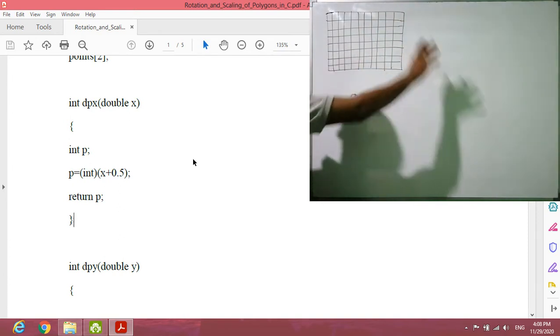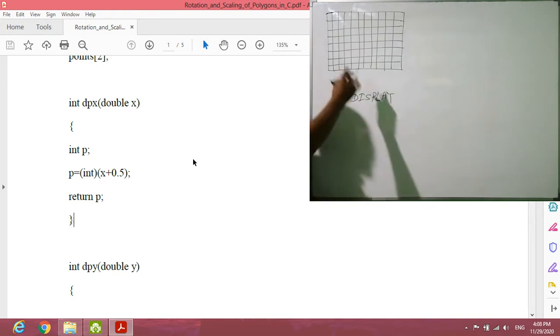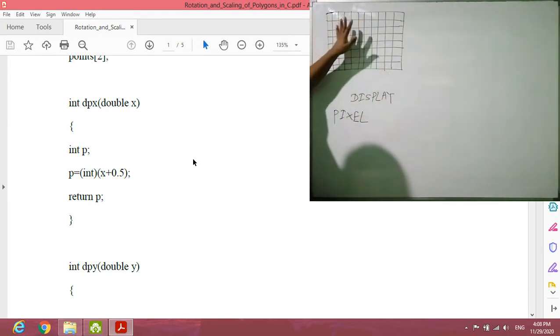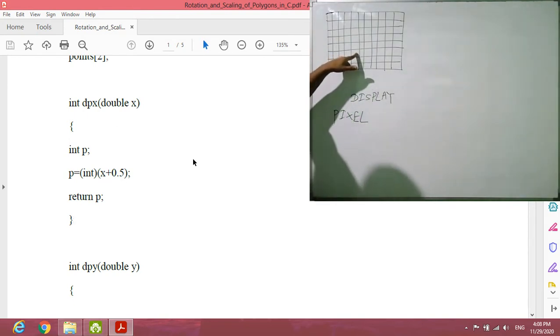One particular cell, we call it a pixel. I hope you are already familiar with these things. Our graphics display screen is something like this.